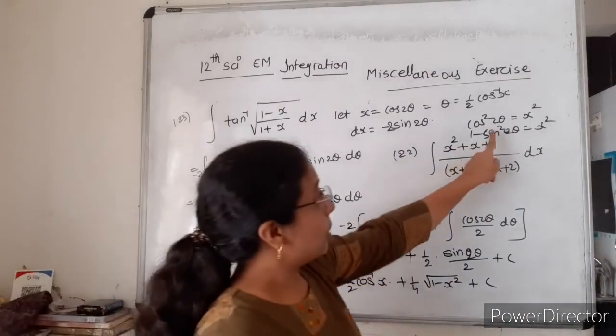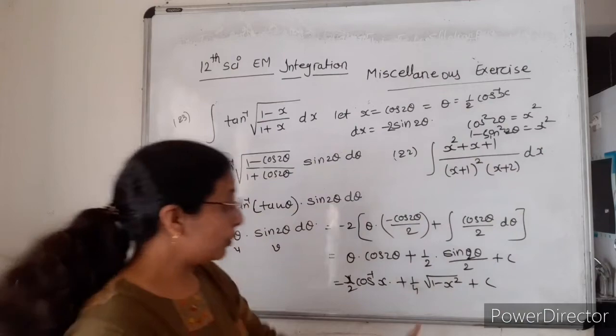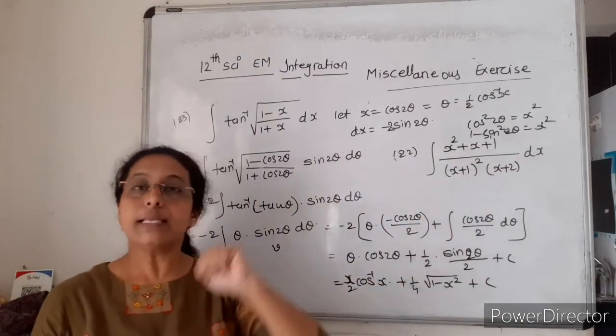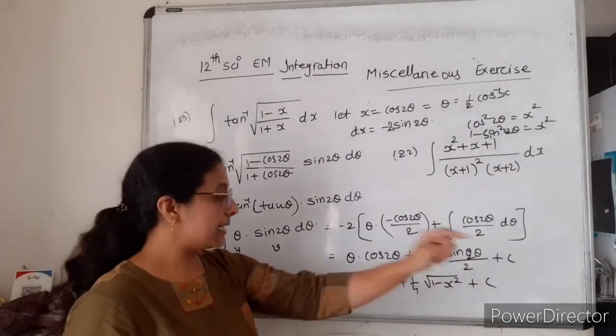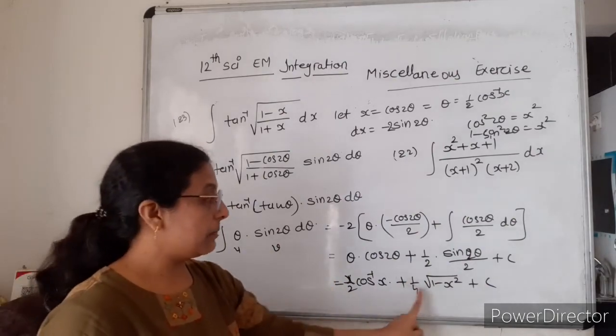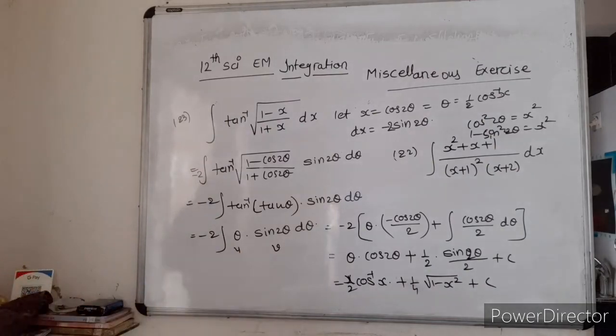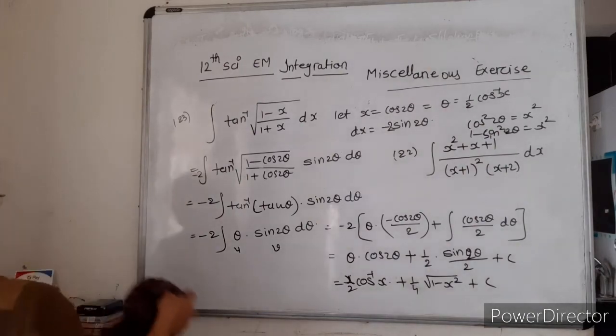If 1 minus x square equals sin square 2 theta, you want sin 2 theta, so take the square root. It is root of 1 minus x square. So x by 2 cos inverse x plus 1 by 4 root of 1 minus x square plus c is our answer. Understand everyone? Yes. So question number 23 is going to be over.